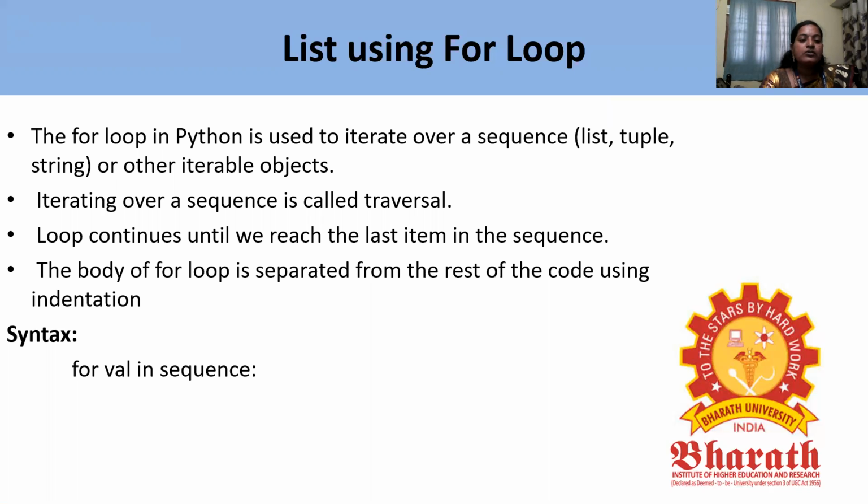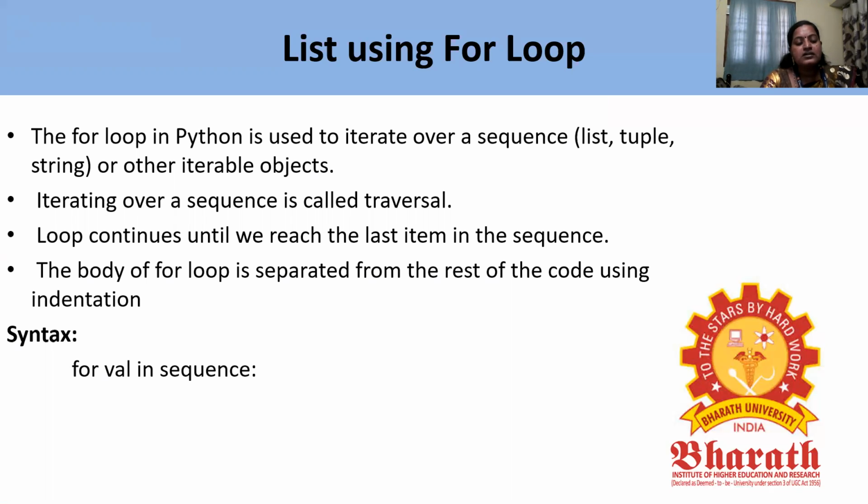The for loop is used with list, tuple and string. When you print them normally, all the values come on a single line. If I want to separate the values from the list, tuple or string, you can use a for loop. It will take the values separately and print them one by one in vertical form.